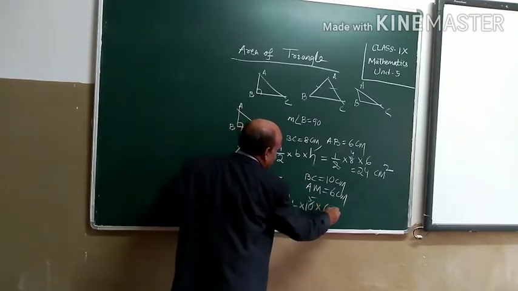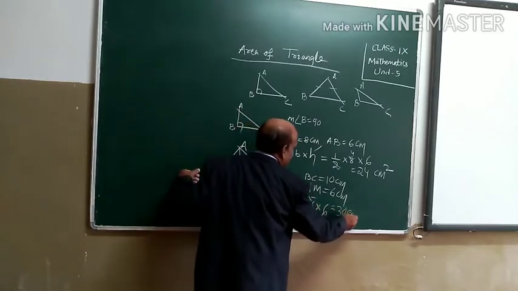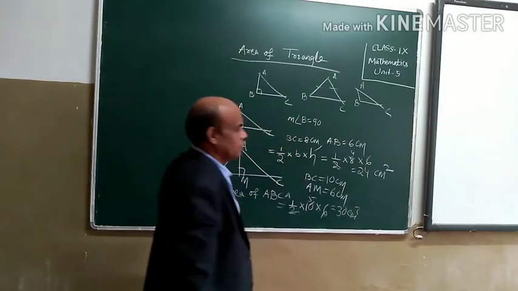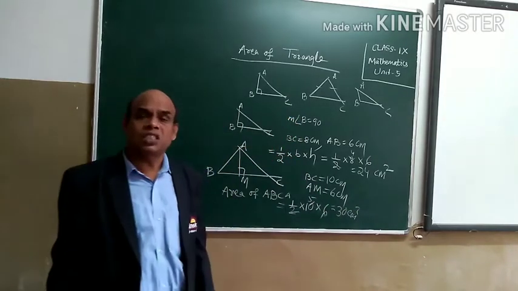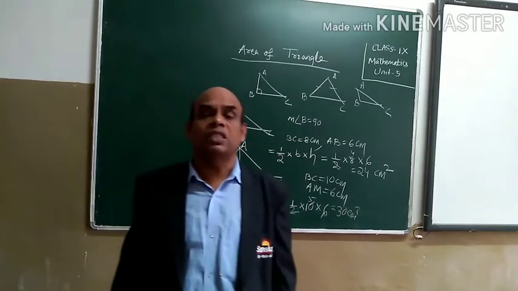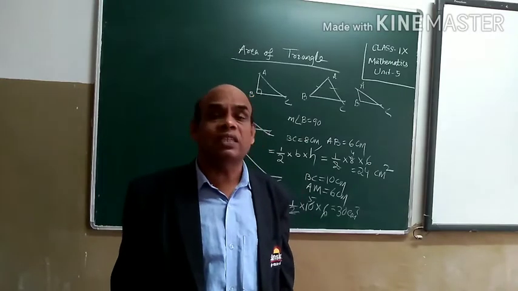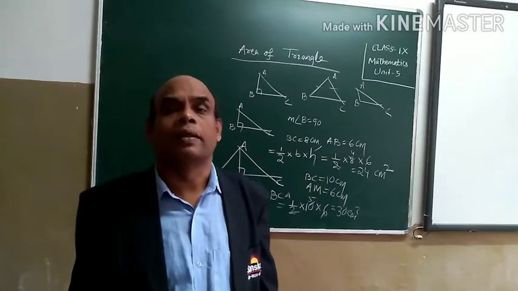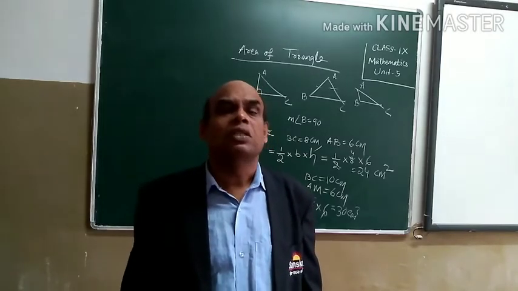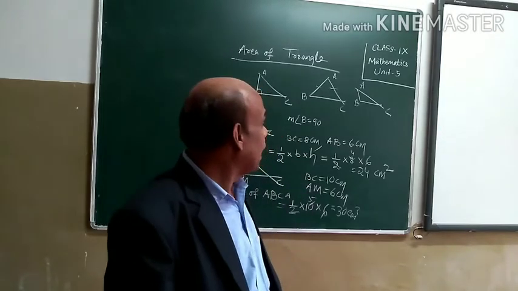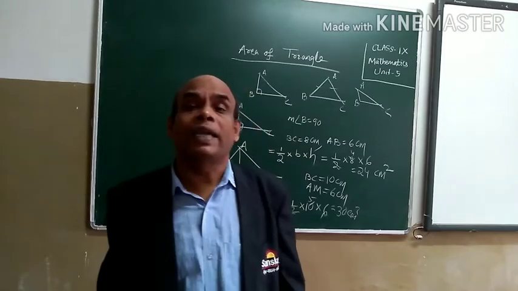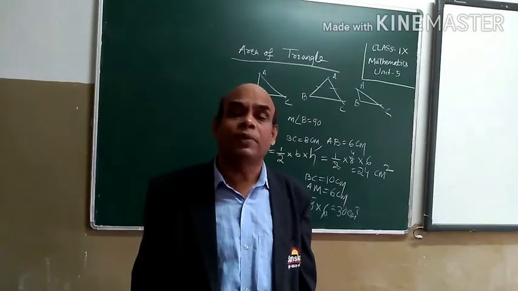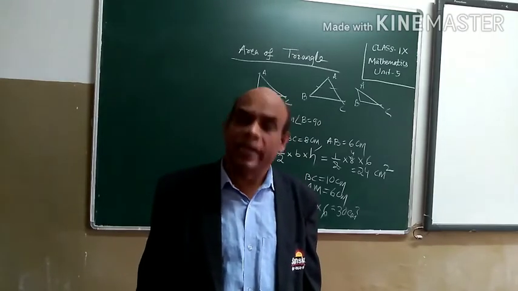That comes to 30 centimeter square. So this is the conclusion. If the base and the height of the triangle are given to you, then you can find the solution by using the formula half into base into height.